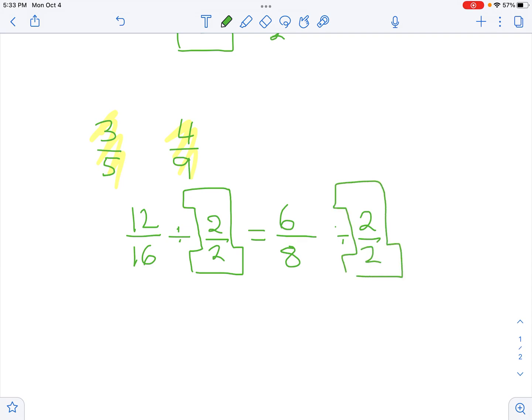Now 6 divided by 2 is 3, 8 divided by 2 is 4, and there's no common factor to 3 and 4, so this is the most simplified form of 12/16. So 12/16 in its simplest form is 3/4.